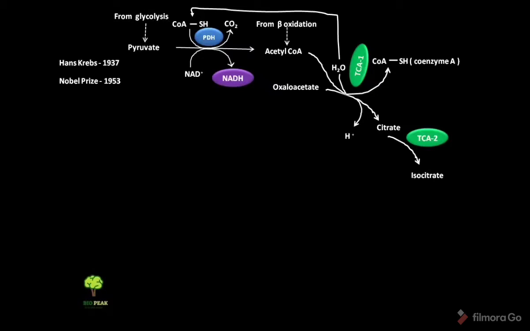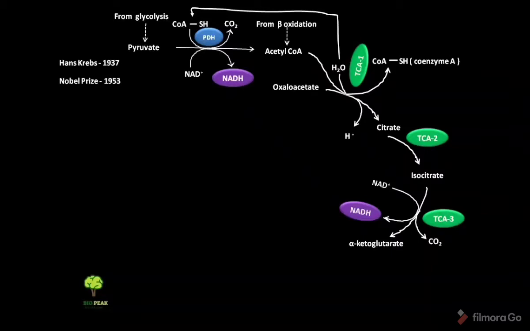The isocitrate is then converted to alpha ketoglutarate. This conversion releases a CO2 molecule and one NAD plus is reduced to NADH. This step is named TCA3 and is catalyzed by isocitrate dehydrogenase.